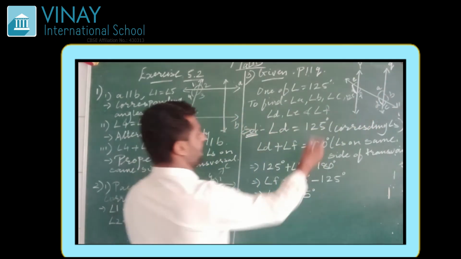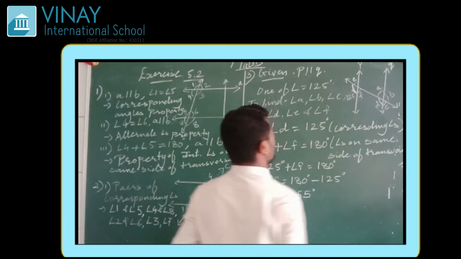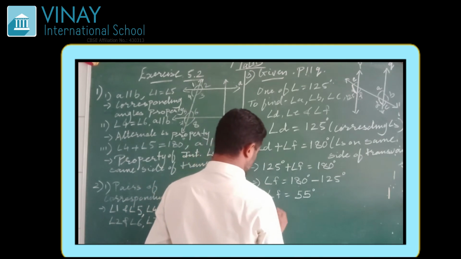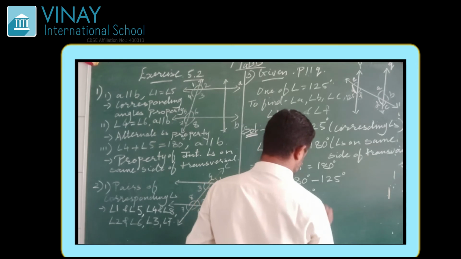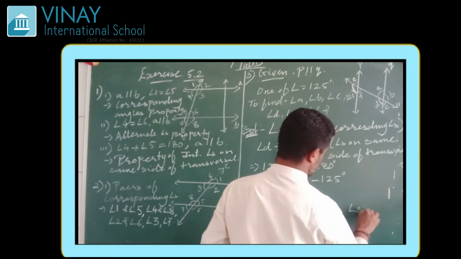Now if we get angle F, we can also easily get angle A. Angle A is equal to angle F because they are alternate angles.